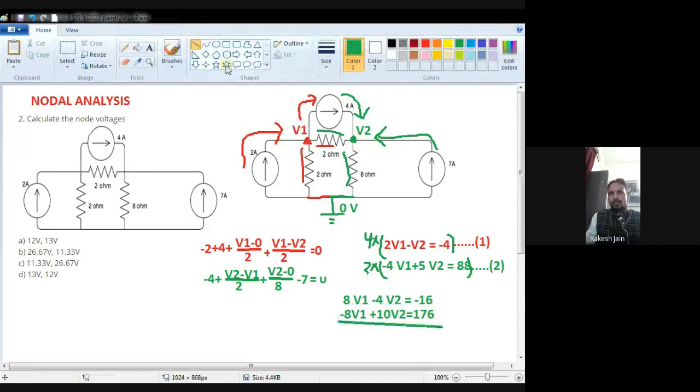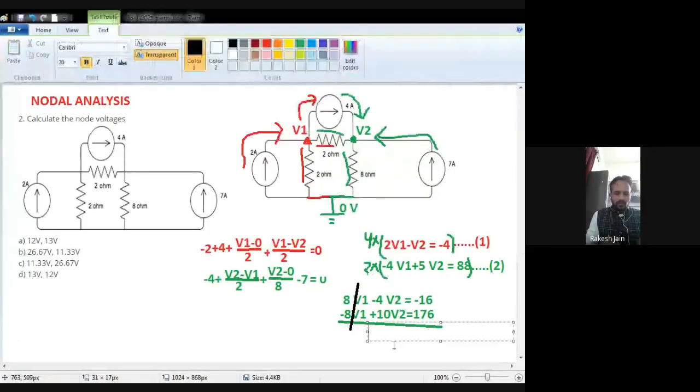Then at the equal to sign, minus 4 is there, so minus 4 multiplied by 4, that is minus 16. Now the second equation, this 4 multiplied by 2, that is minus 8 V1, then plus 5 multiplied by 2, that is 10 V2, equal to 88 multiplied by 2, that is 176.